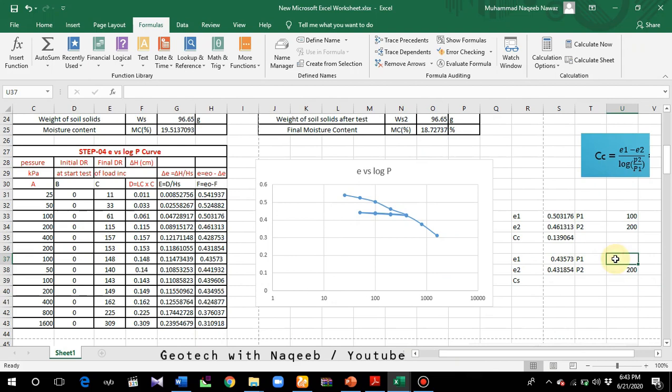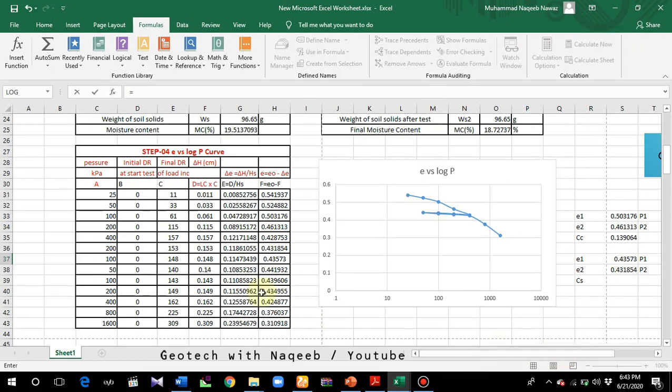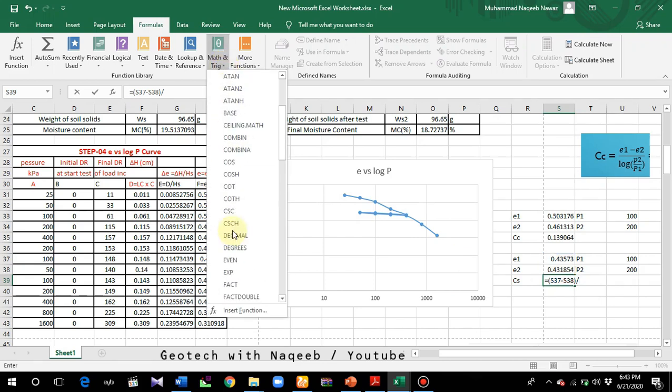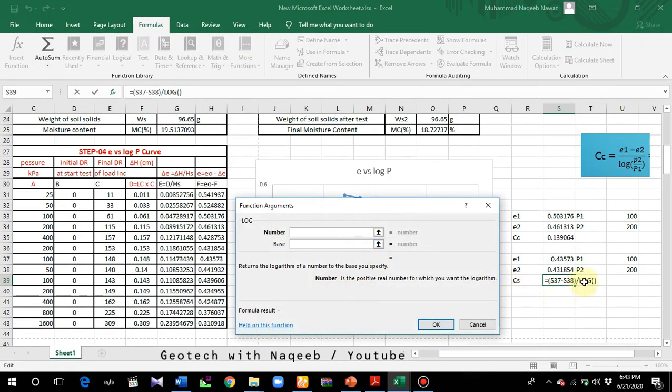Here I will be selecting the 100 unloading value. Now again the formula will be applied like this: E1 minus E2, bracket close, divided by log of 200 divided by 100.